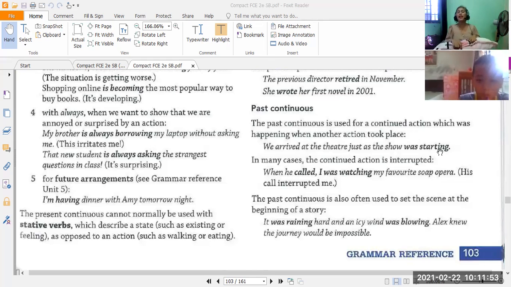So you will say, teacher, it's past continuous, of course, because there is was and there is starting. Was is past tense, starting is the continuous. You can never say this is present continuous because there is was. You understand this?